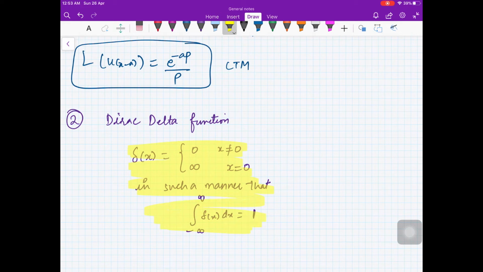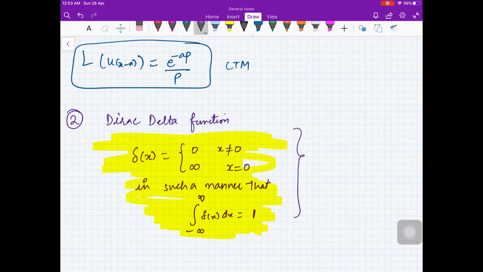In actuality, among the functions which are known to you, you will not be able to find any function which satisfies this thing which I have written here. So you may think that it is not possible to define a function like this, but it turns out that in higher mathematics there are things called distributions, and then we have functionals. In those areas, such functions exist. And why is this important?